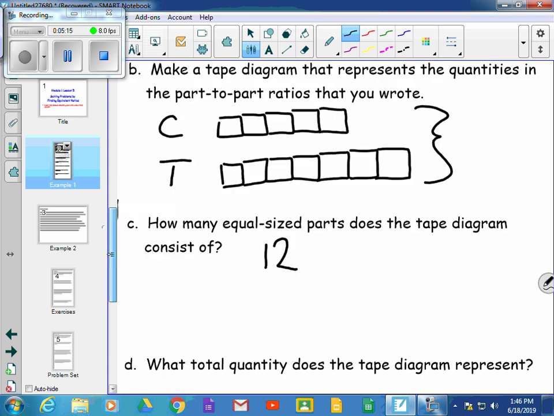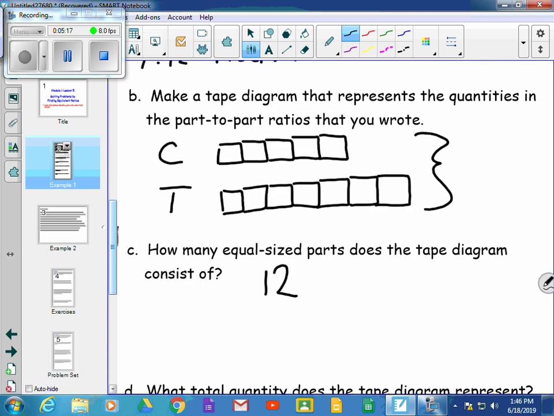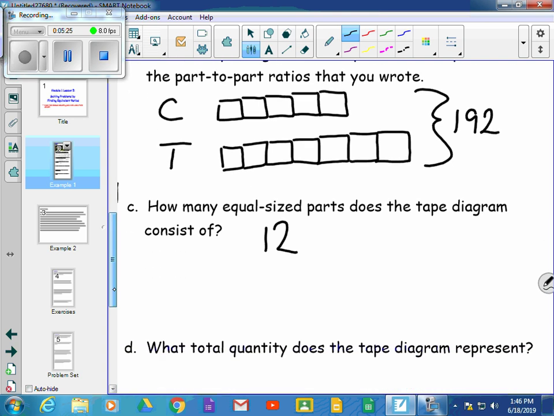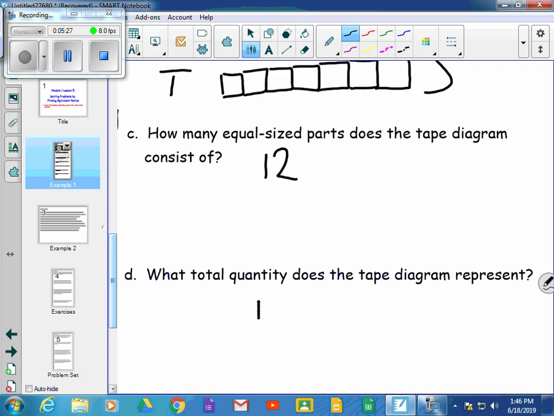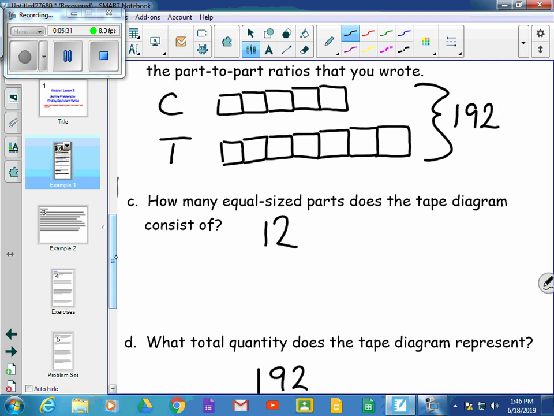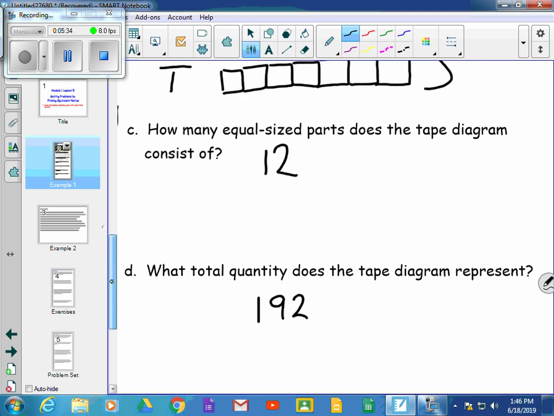Well, this is given to us in our word problem. It tells us there's 192 total vehicles. So if I'm going to talk about all the parts, I would call all the parts representative of 192. Those 12 parts equal 192 altogether.